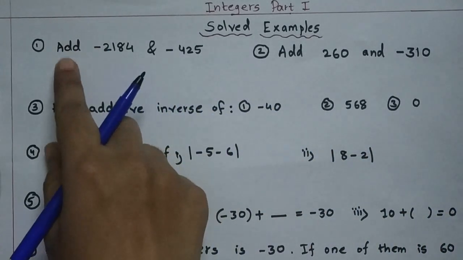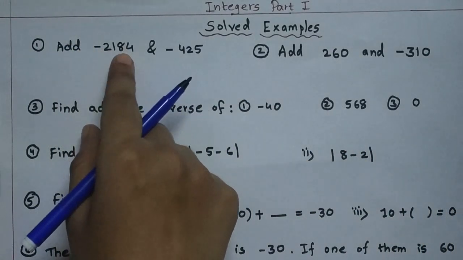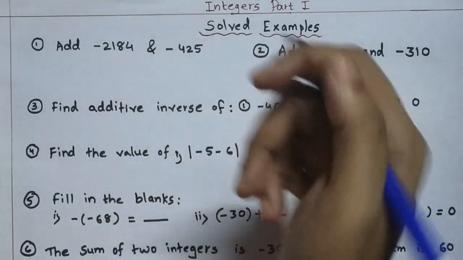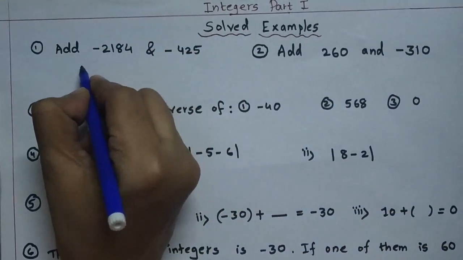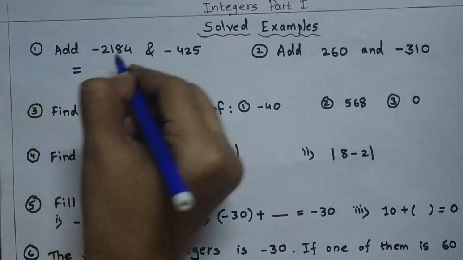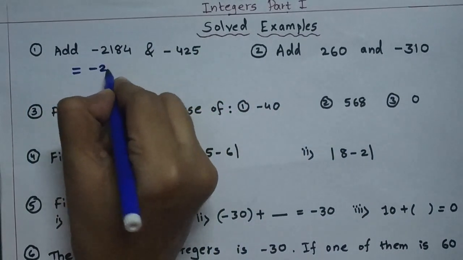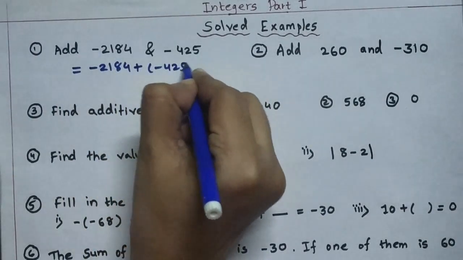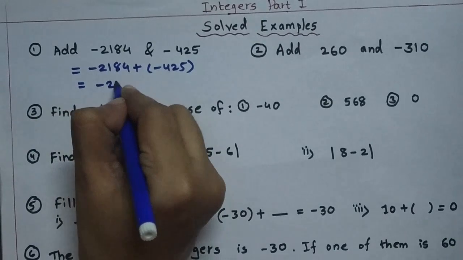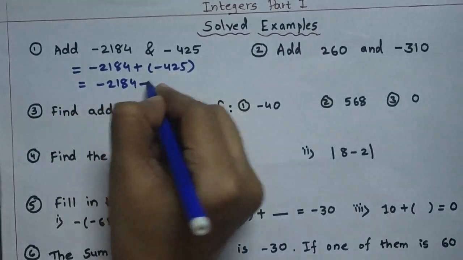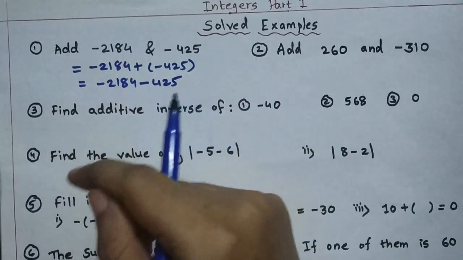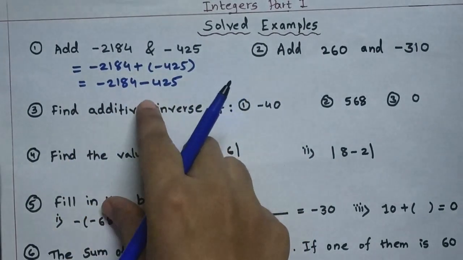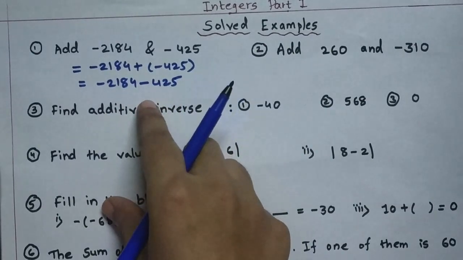The first question is: add minus 2184 with minus 425. We know, children, that both are negative integers. When I add them, as we discussed before, when both are negative integers, you have to add them and give the sign of the negative.